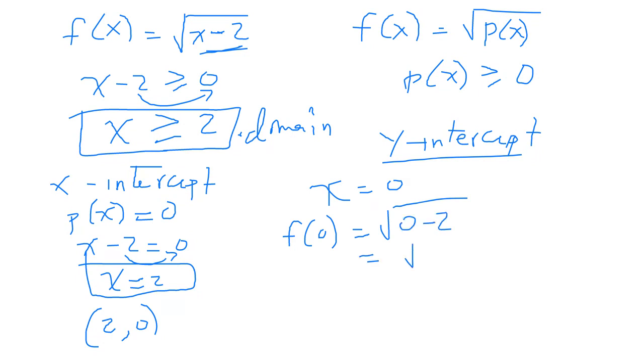So this gives me square root of what? Minus 2, which is not a real number. So there is no y-intercept. Okay, but this is not a real number. And that's it.